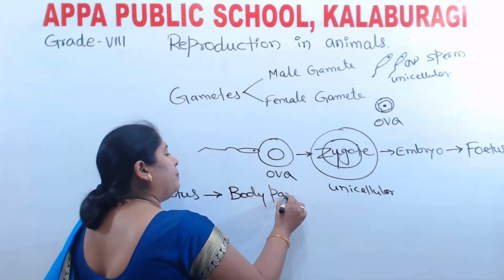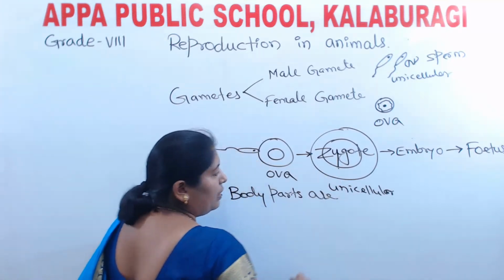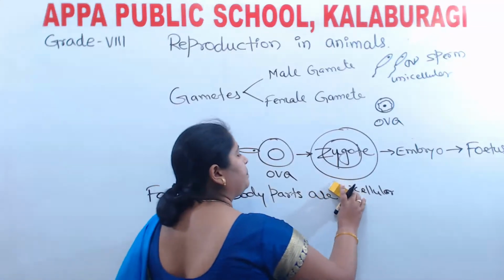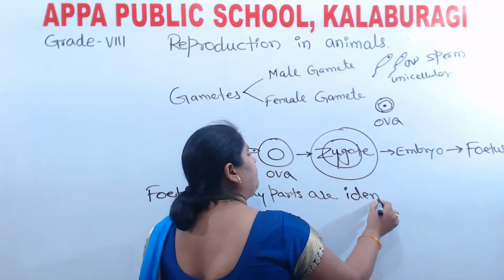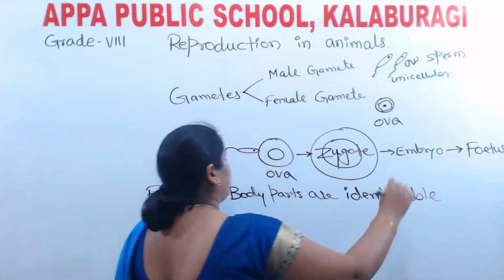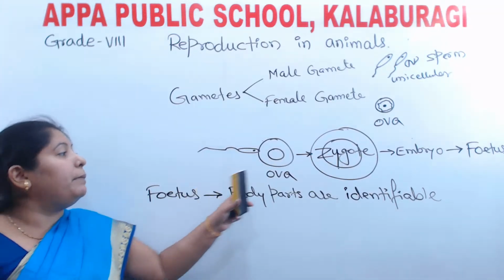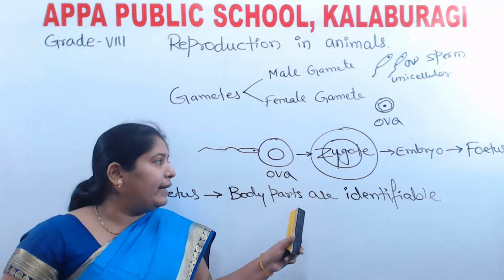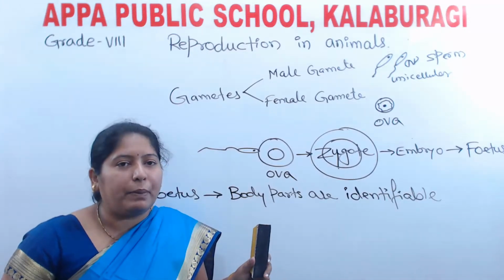and all the body parts are easily identifiable, is called as fetus. Right? This is actually the difference between embryo and the fetus. In the embryo, we cannot identify any body parts, internal or external.